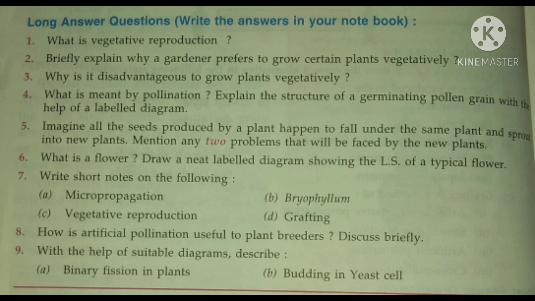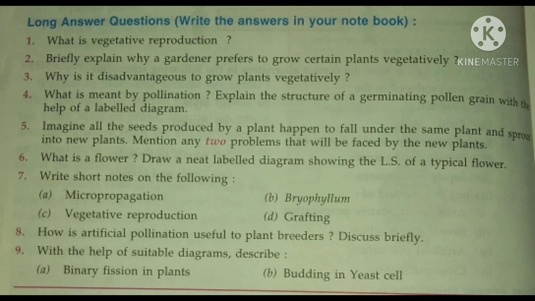Next, how is artificial pollination useful to plant breeders? Discuss briefly. In page number 25 you can see it. First you write what artificial pollination is. Artificial pollination means transfer of pollen grains to the stigma manually. Nowadays breeders are using this method for developing new varieties of plants.